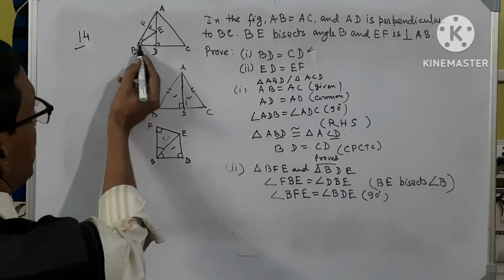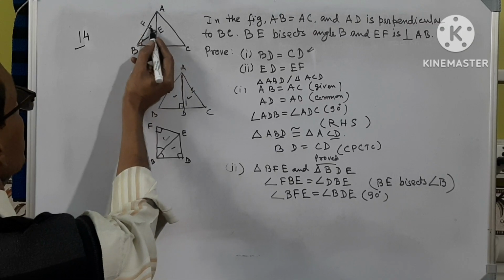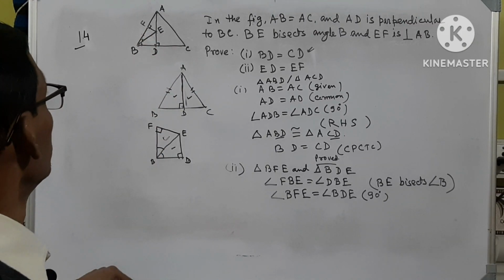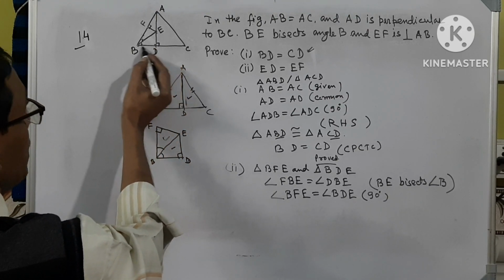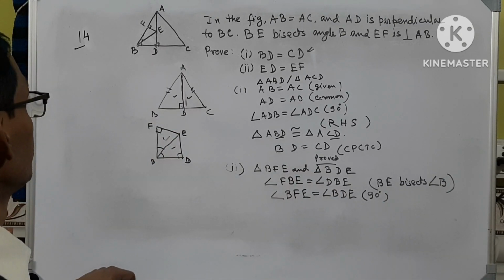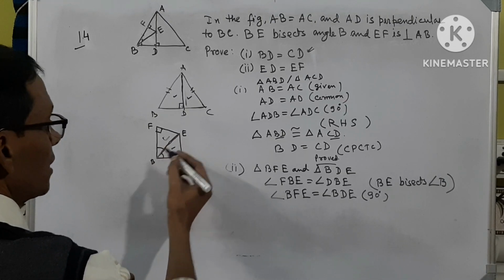See, BFE, this is 90 degrees. If this is 90 degrees, this also will be 90 degrees. And this is 90 degrees, so BDE is also 90 degrees. They are also equal. And BE is common in both the triangles.